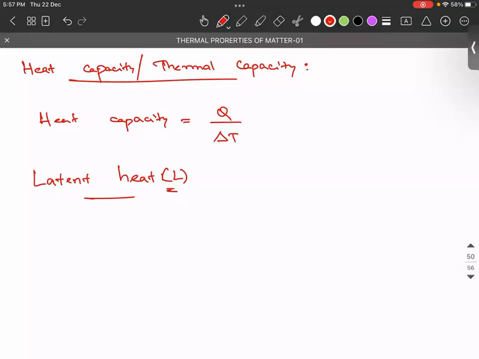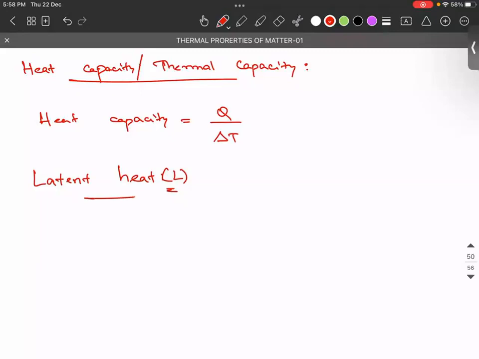So how do you write it? The amount of heat required to change the phase of unit mass of a substance from one form to another. So write it down.